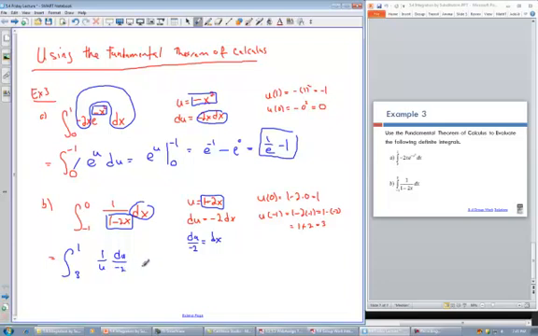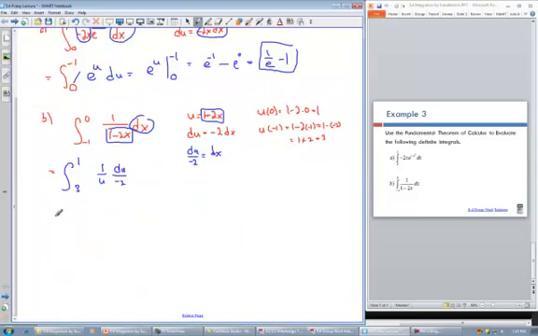And so this is equal to the integral from 3 to 1, and I'll pull out the 1 over negative 2, right, 1 over u du, and I can integrate 1 over u. It's one of my 4 types. This is equal to minus 1 over 2 ln absolute value of u. I do not need to write plus c because it's a definite integral going from 3 to 1.